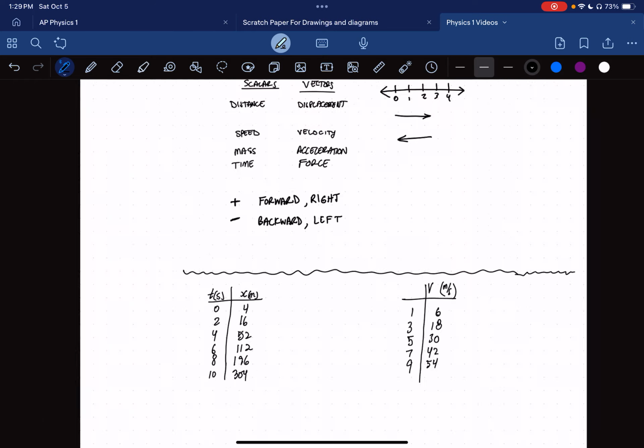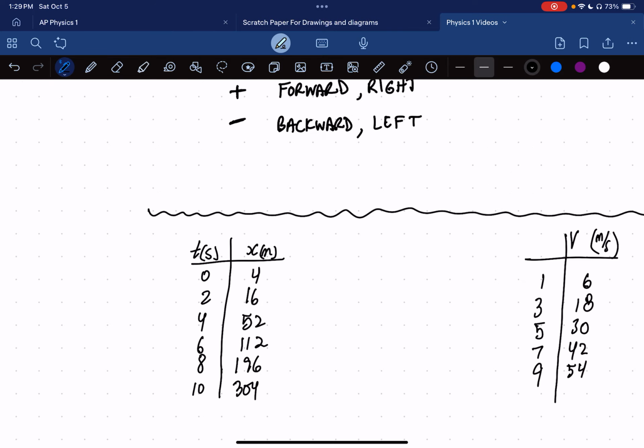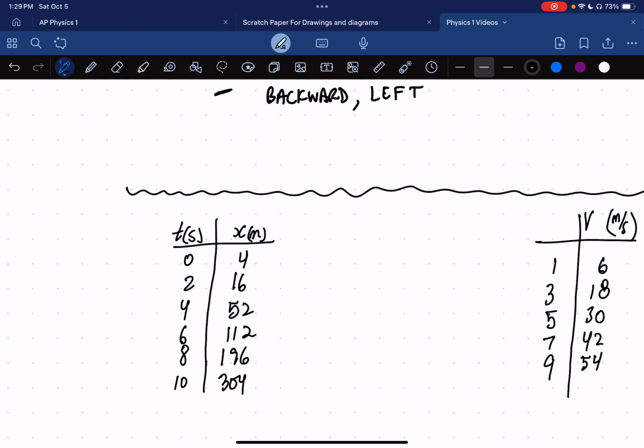In past lessons, we've looked at position time data, typically for objects that are going at constant velocity, constant speed. But if you look at this position time data, just look at those positions versus time. How would you describe the motion of this object? You can take a moment, pause the video, think about it. If we do a quick calculation, what I'm talking about is change in position versus a change in time.